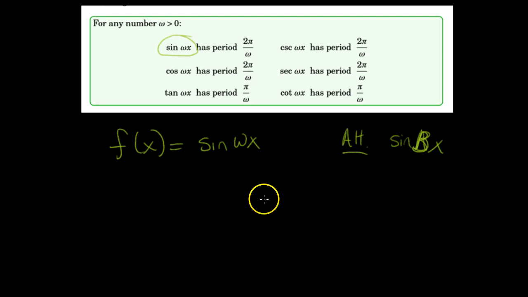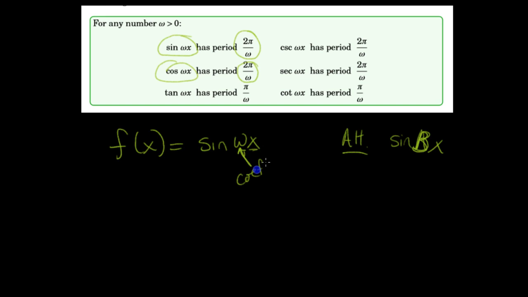Okay, so you may see that in other books, but they're using the Greek letter omega. So the period of this is going to be 2 pi over omega. You can see the proof in the book, but for now I'm just going to give you the formula, and this is something that you should just memorize and know, that it's 2 pi over the coefficient of whatever's inside, the coefficient of this angle x, okay?